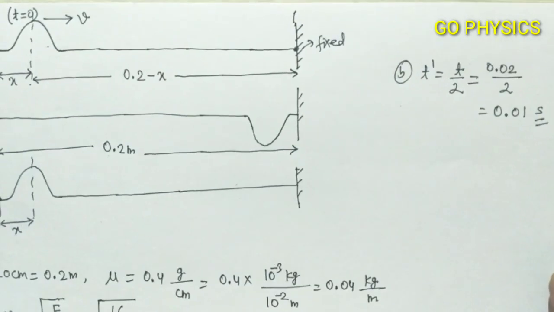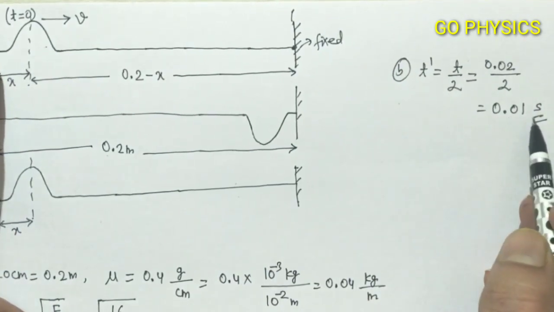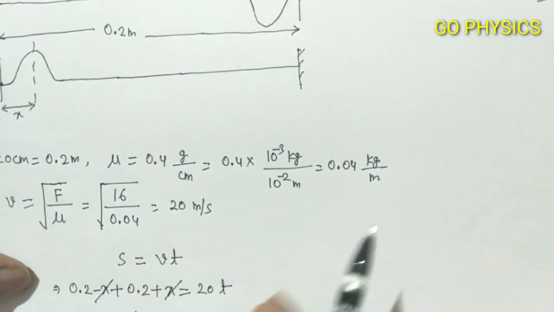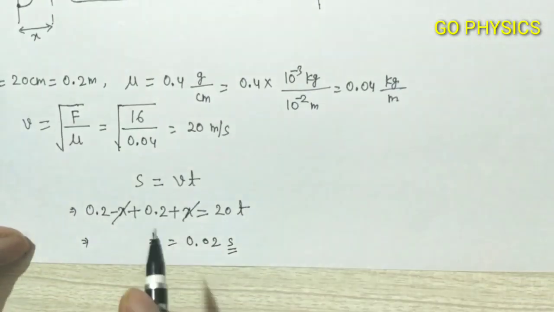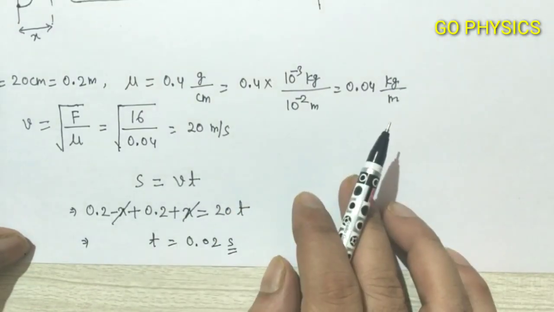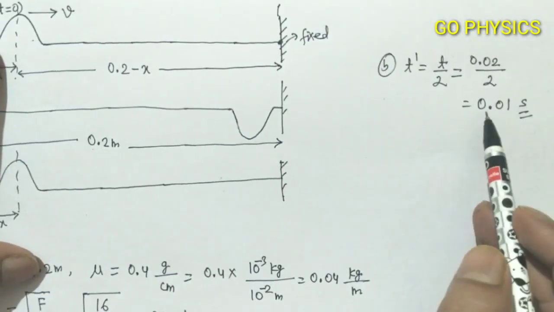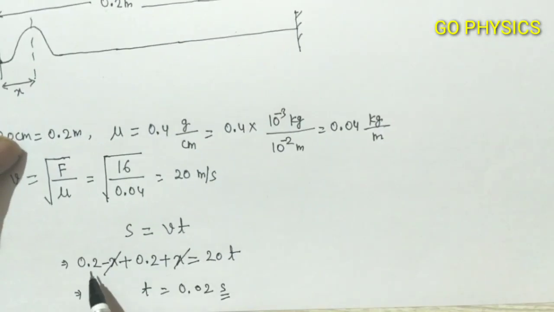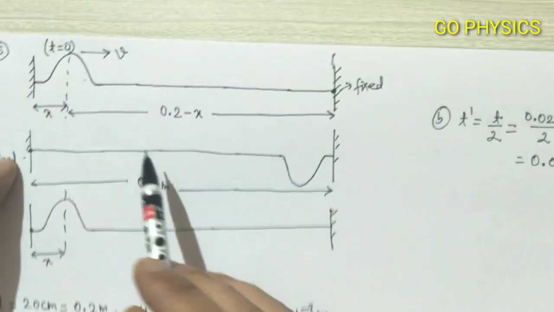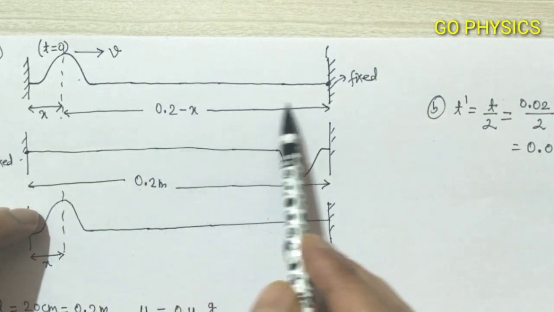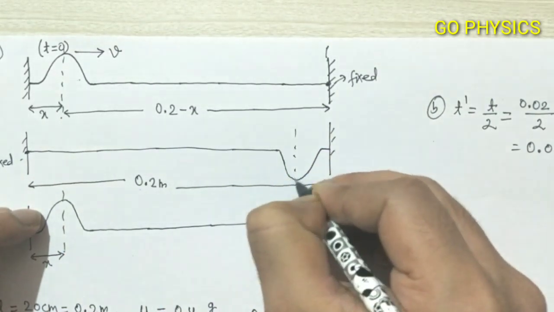So first see where will be our pulse at this instant. In 0.02 second, the total distance covered by the wave pulse is 0.4 meter. So in 0.01 second, the wave pulse will cover a distance of half of that in part A, that is it will cover 0.2 meter. So 0.2 meter from here, from this location, this is 0.2 minus x again.